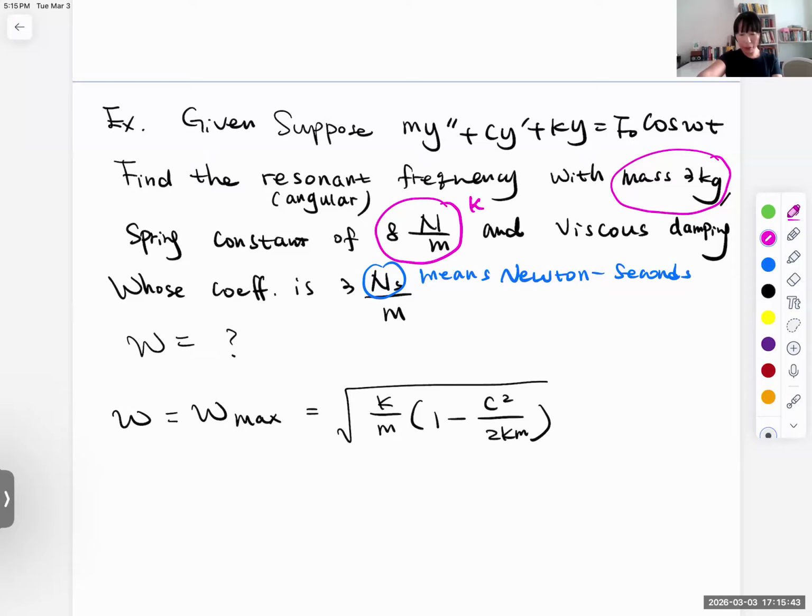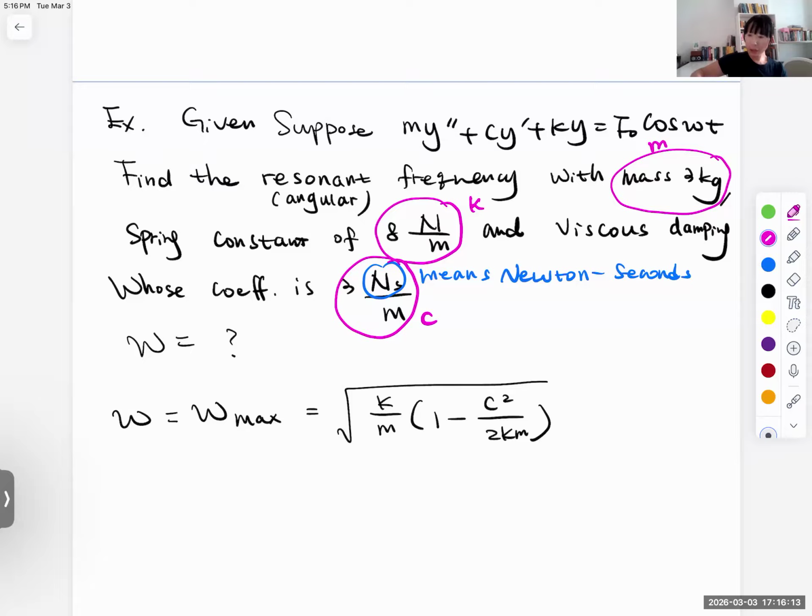And damping whose coefficient is 3, and the units are Newton seconds. So that will be C then. This will be C, and M.